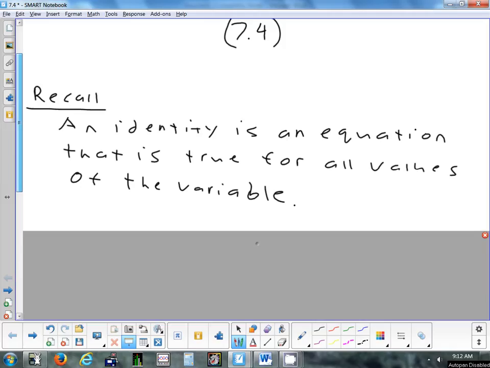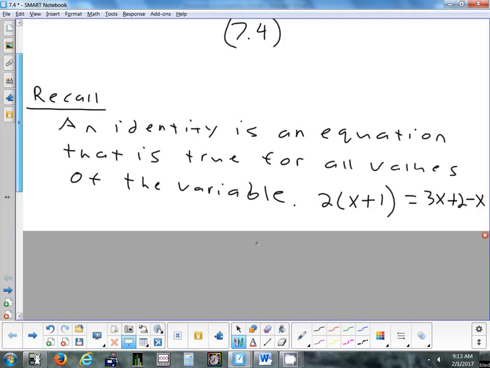So for example, what I'm going to write right now is an algebraic identity, not a trig identity, because I'm not going to do any trig here. If I put this as a problem in Algebra 1 and said solve this equation, what do you get on the left when you distribute? 2x plus 2.